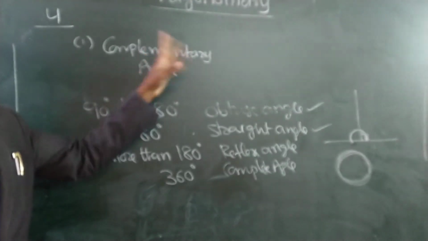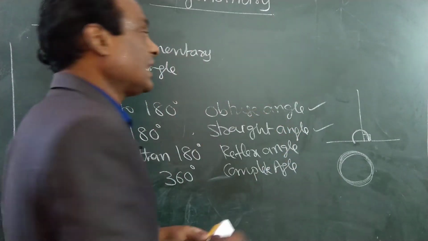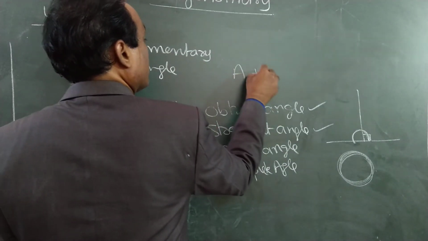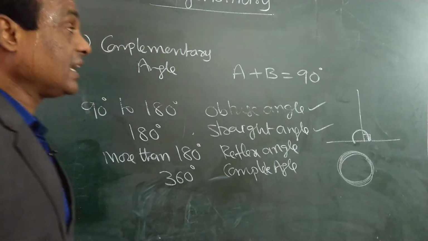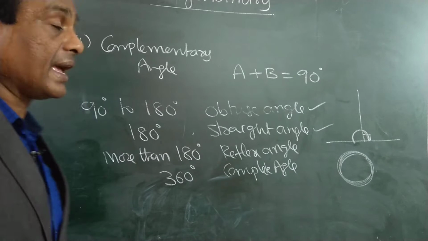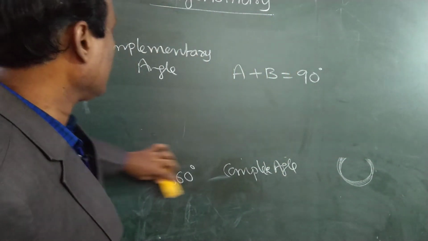So complementary angles means sum of two angles is 90 degrees. That means angle A plus angle B is equal to 90 degrees, then A and B are called complementary angles. Write down the fourth point.